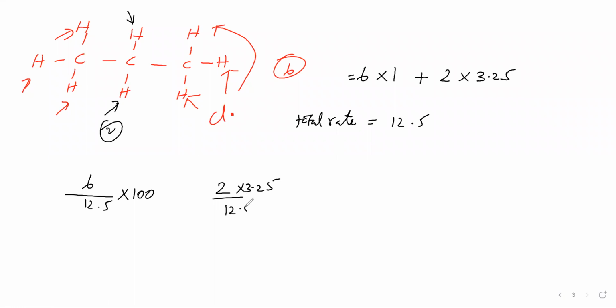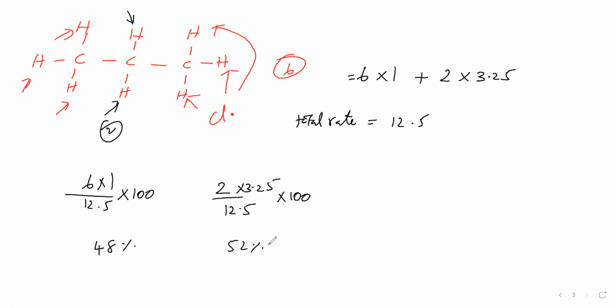Total rate is 12.5, multiplied by 100. From this we get the yield of secondary halogen and yield of primary halogen. Here primary hydrogen 6 times, rate of primary hydrogen going for halogenation is 1, divided by total rate times 100 for primary product. It is similar for secondary product. So here we are getting 48%, here we are getting 52%.